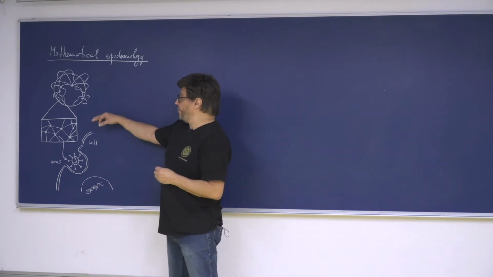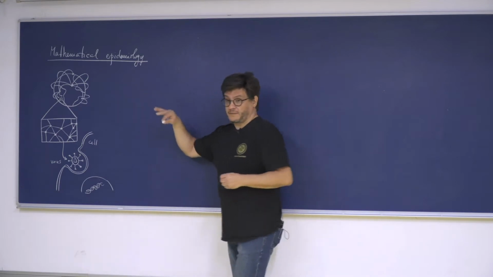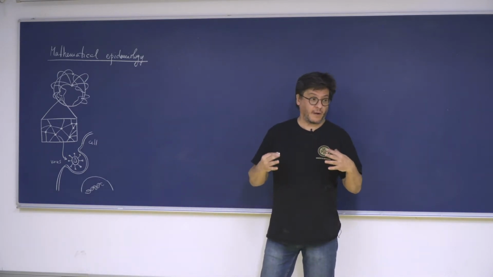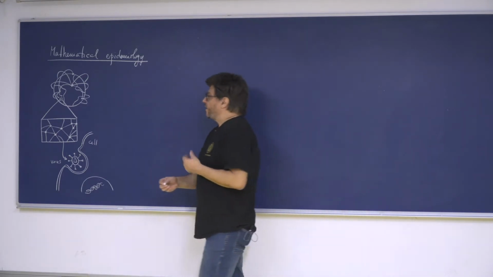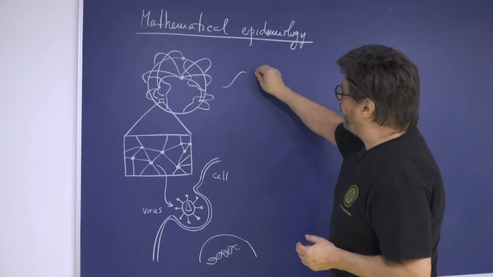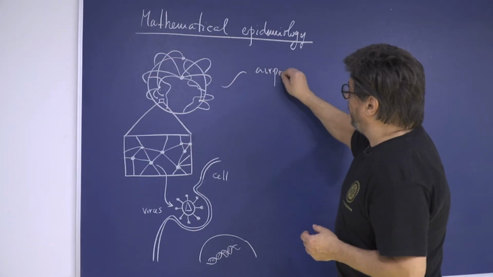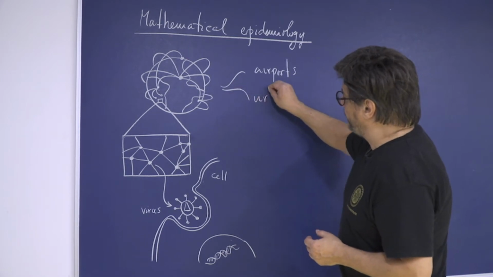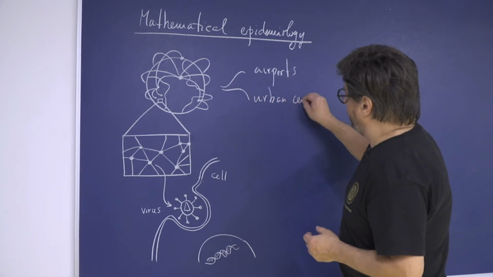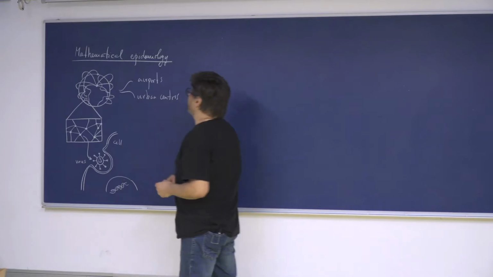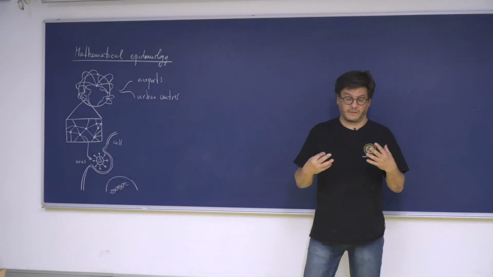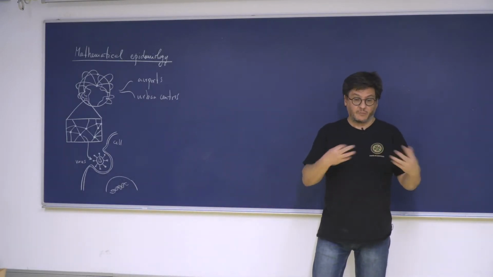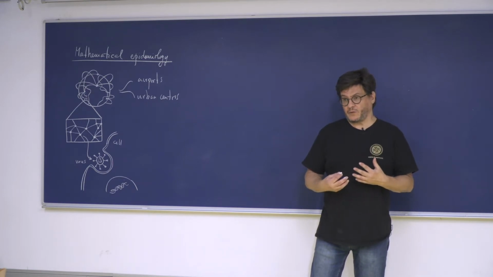There's a very high scale level, the planetary scale, and now I'm talking about humans. Well, you have to take into account things like airports, urban centers, and in general, the networks that make human mobility a reality that we know today, okay?